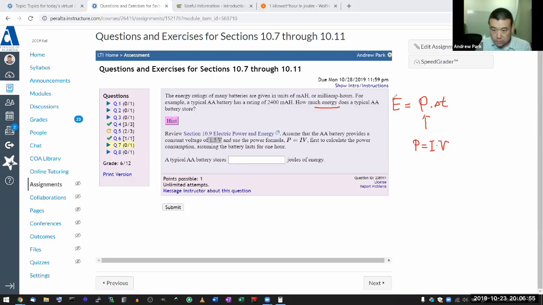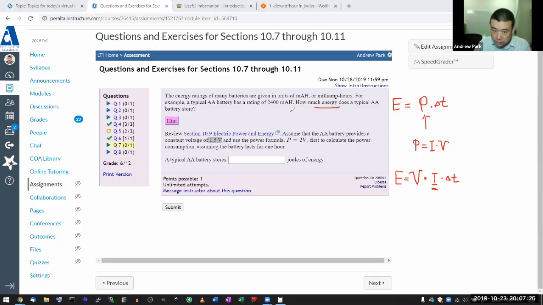So the amount of energy stored in the battery should be, at the voltage that the battery provides, the amount of current it's able to provide at any given moment, over how long a duration the battery can provide that current.